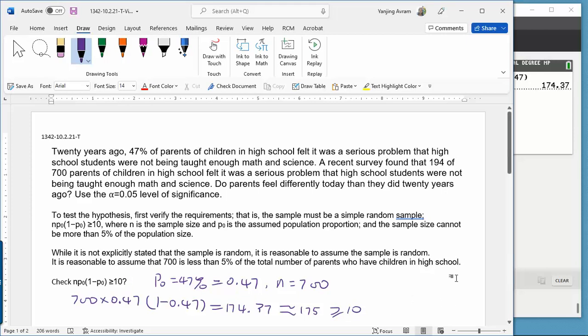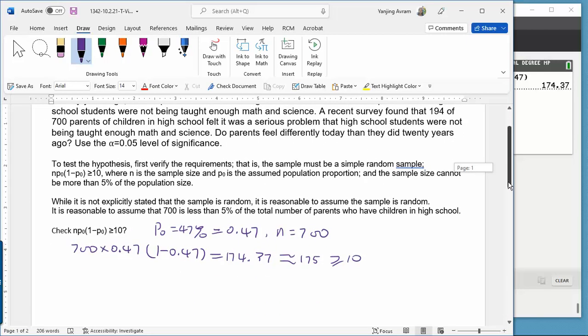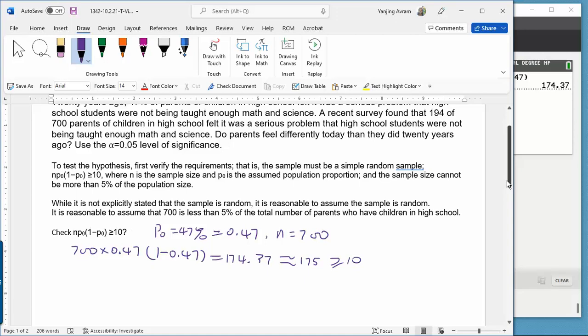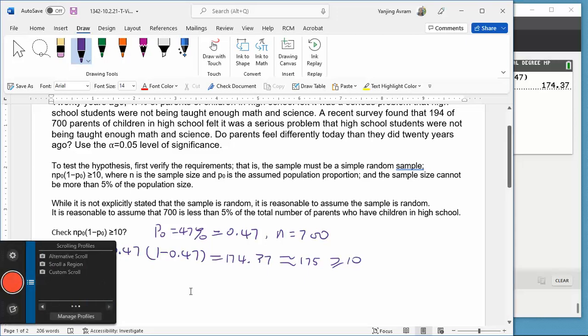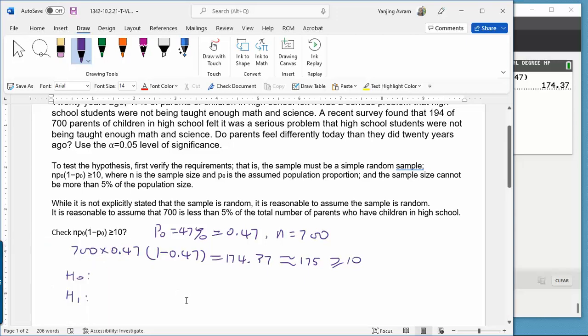This one looks like a proportion hypothesis test. Before we do this type of question, we have to write down the null and alternative hypotheses. That is the requirement for every question of this type.